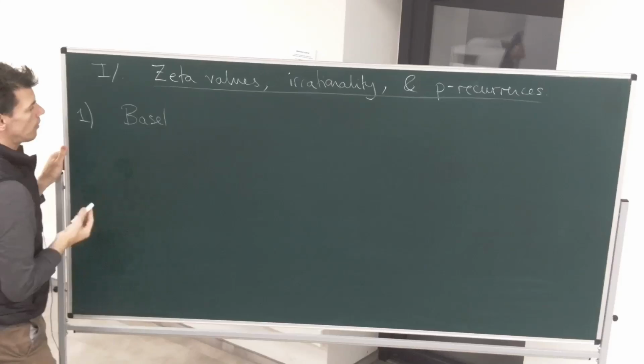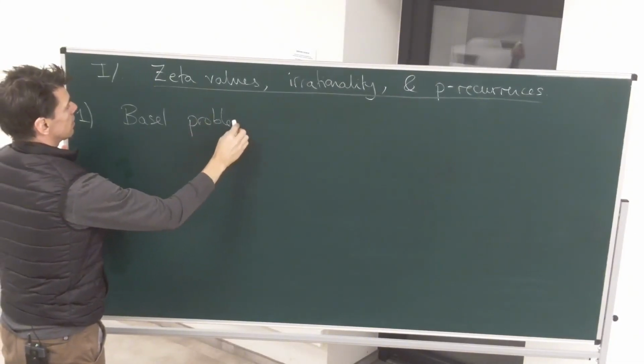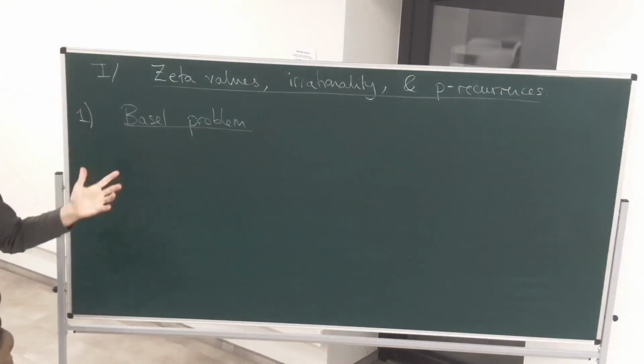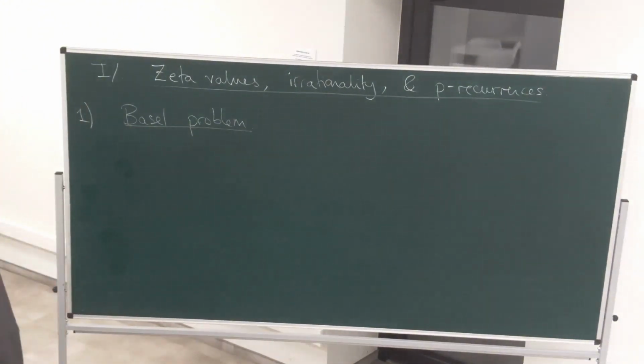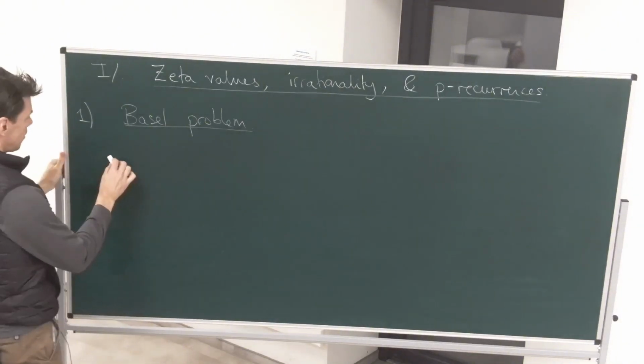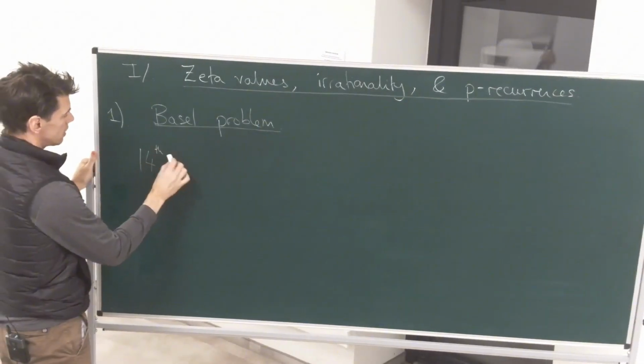The problem I first want to talk about is famously known as the Basel problem, which is the beginning of much of this story. I'm not completely sure, but Wikipedia says that the following fact was known in the 14th century.